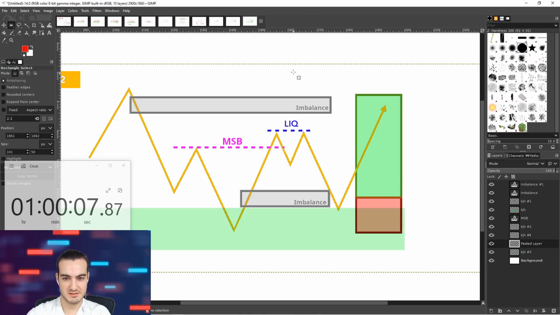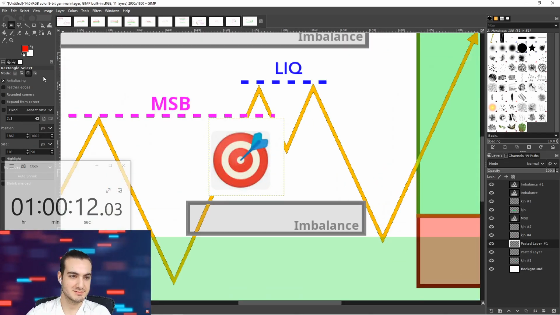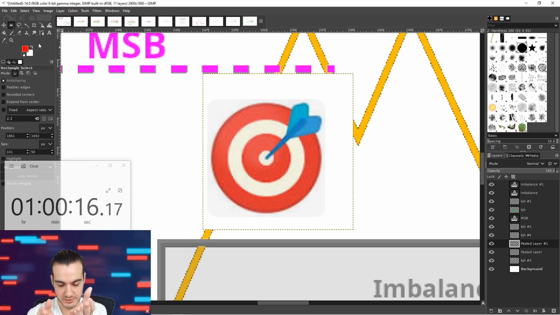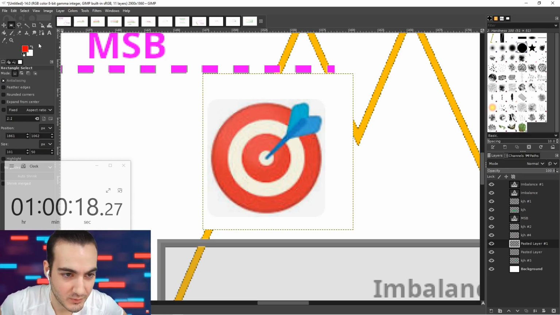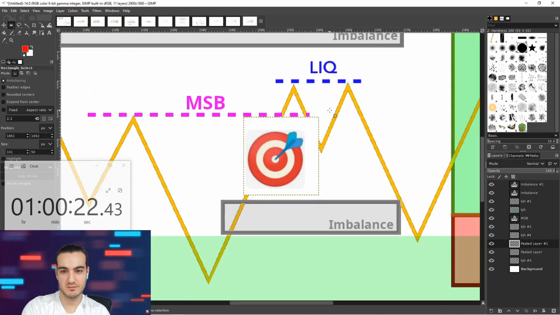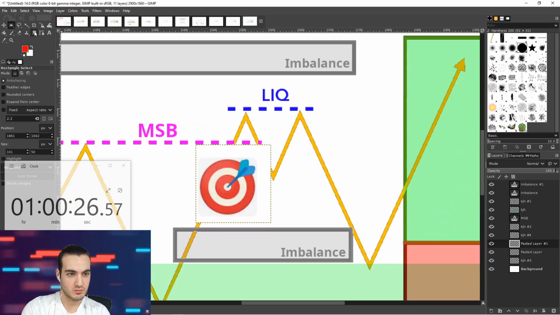Okay, this is very exciting. We're bringing in a new emoji, the target emoji, to help us better visualize what it is that we're aiming for, as far as what specific level we expect price to go to.